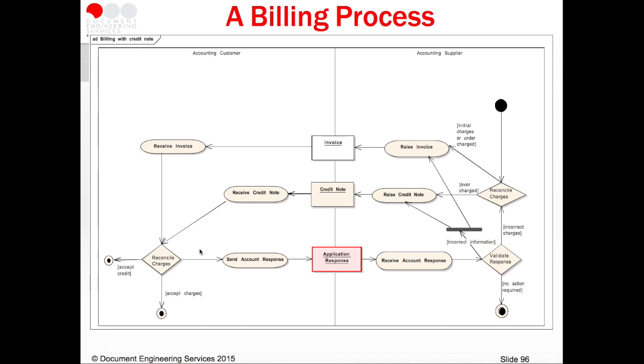They will reconcile that, possibly sending a response. They may receive subsequently a credit note. There is a different billing process involving a debit note. I'm just showing you one example here. This is a billing process with a credit note. And once those charges have been reconciled, they're then accepted.